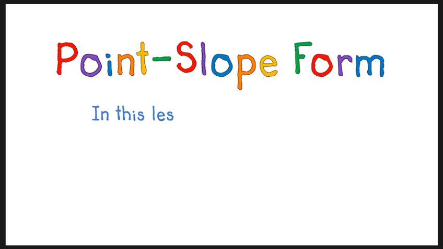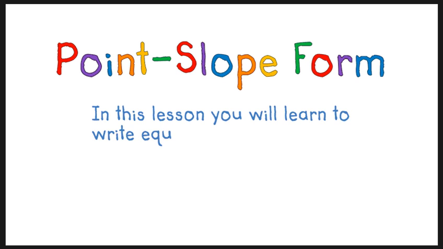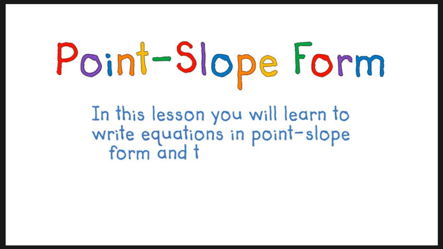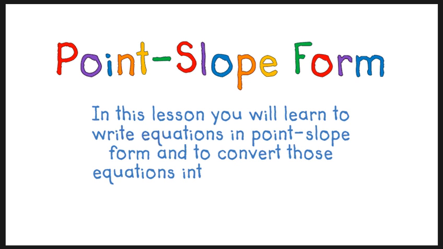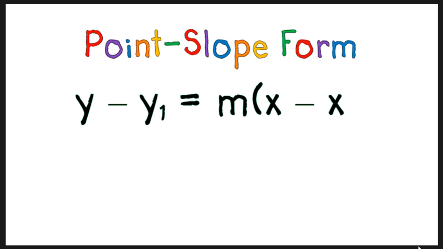In this lesson, you will learn to write equations in point-slope form and to convert those equations into slope-intercept form. Point-slope form is the equation y minus y sub 1 equals m, and in parentheses, x minus x sub 1.